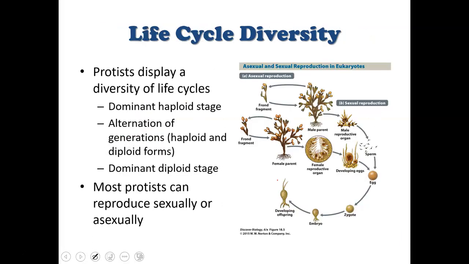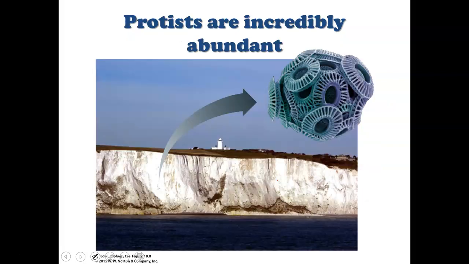So, again, in terms of their diversity, there are some haploid ones, some diploid ones, some sexual ones, some asexual ones. So, not really important, but extremely diverse and extremely abundant. If you look at the White Cliffs of Dover, it's made up of limestone. And the limestone is made up of calcium carbonate.